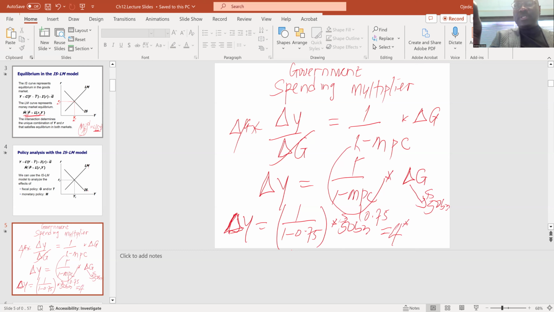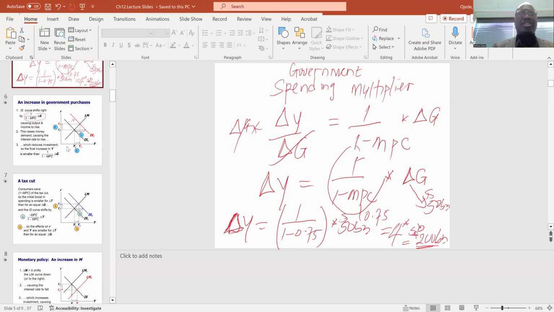So you multiply 4 times $50 billion, which is $200 billion. So GDP is going to increase by 4 times as much, because every dollar increase in spending raises GDP by $4. That means the $50 billion spent is going to raise GDP by $200 billion.